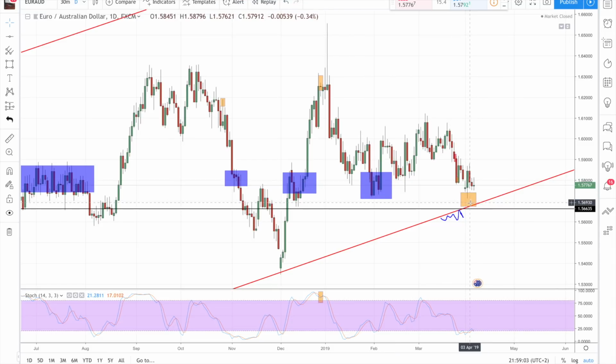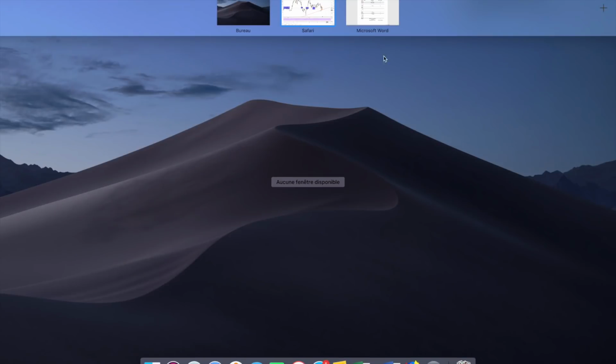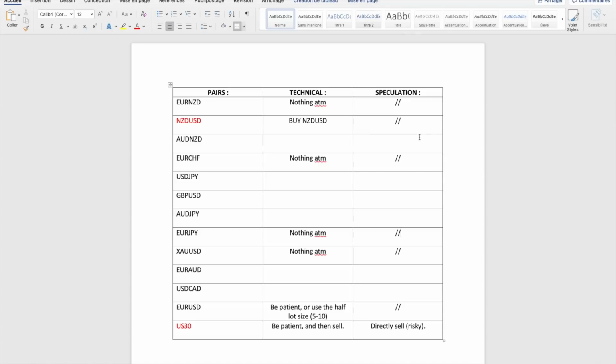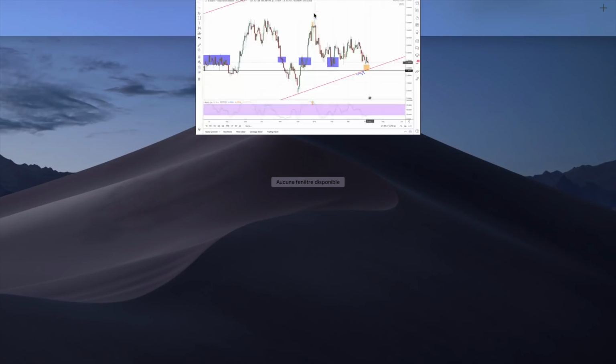So over here is a key level where you can get into a trade and be in a long position with Euro AUD. If you want to buy now, which is not ideal, let's say I'm going to put it in speculation, because buying directly is risky because of the bad entry. You don't have the best entry.